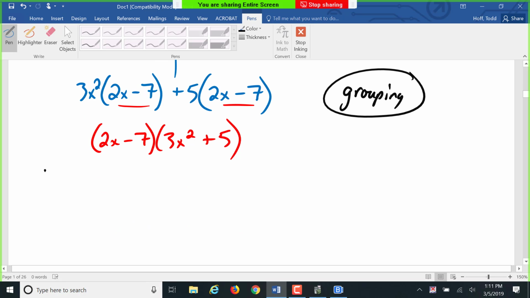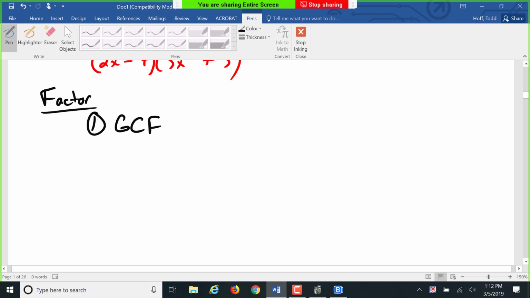So when we're asked to factor a polynomial, step one is to always look for a greatest common factor. If there is no greatest common factor, or once we take out the greatest common factor, we might examine what's left. The second step depends on how many terms there are.